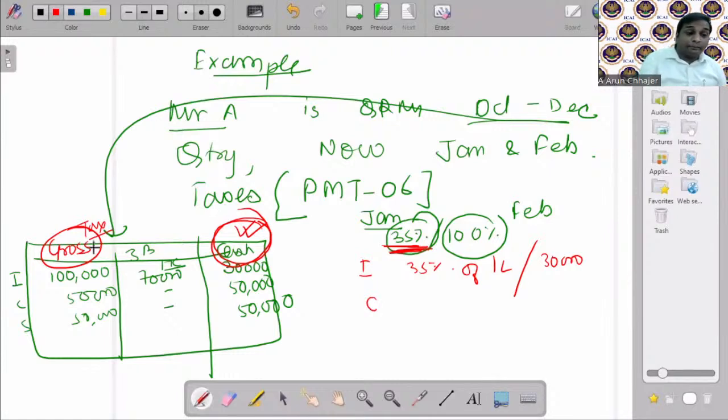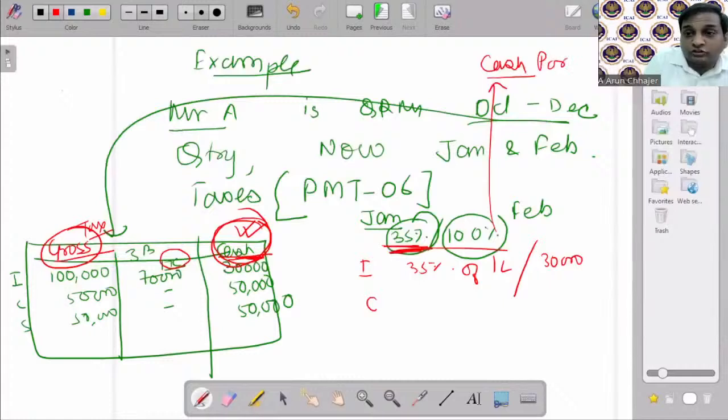Absolutely correct, it is cash, not gross. We have discussed the taxes which we are paying monthly, that would be 35% or 100%, and it would be applied on the cash portion, not on the gross portion.